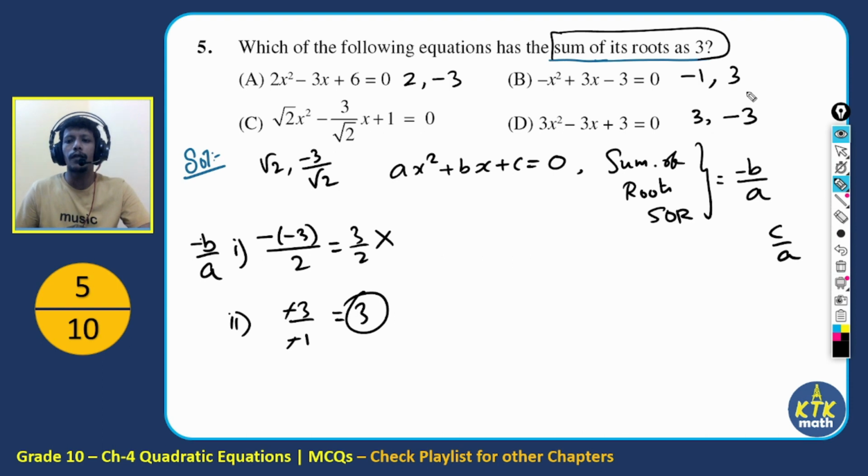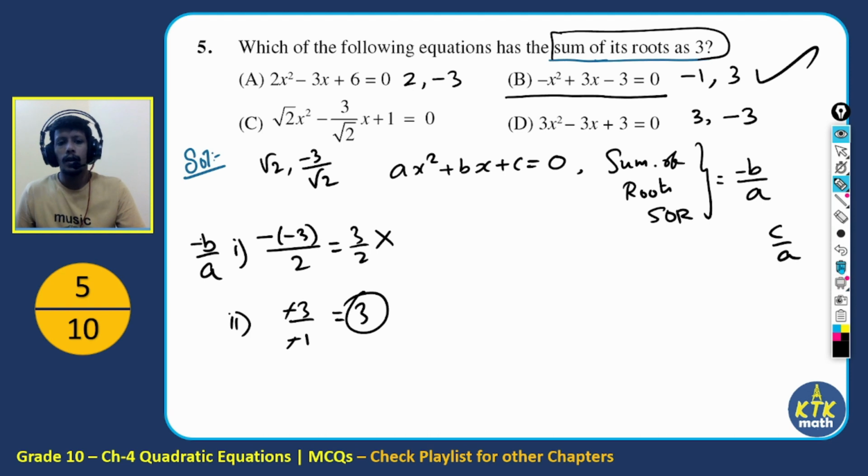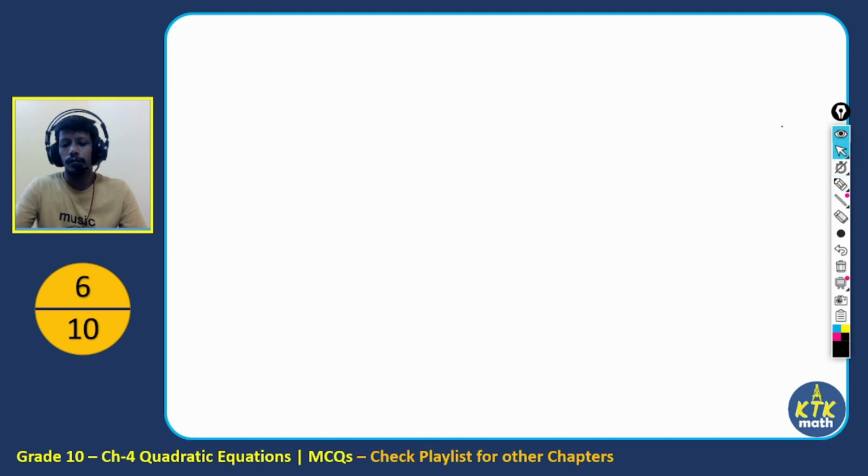See, option B itself you got the answer. If you want you can even check C and D also, you are not going to have 3. Maximum only one answer is going to be there in MCQs. So negative 1 comma 3, option B is your correct answer, which has the sum of roots 3. So fifth answer is option B. I hope we can go for the next question.